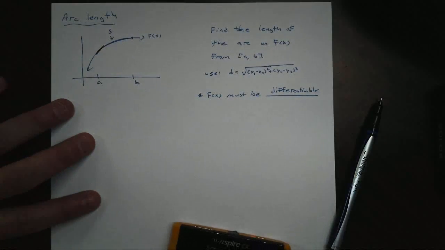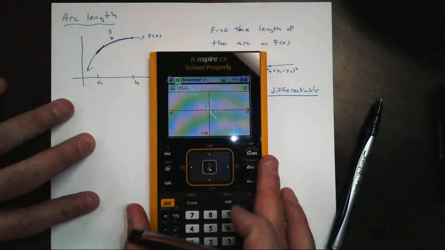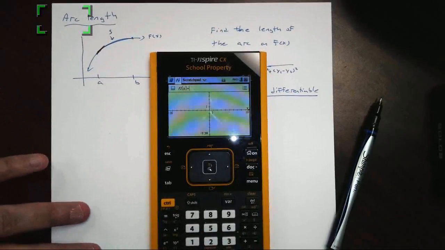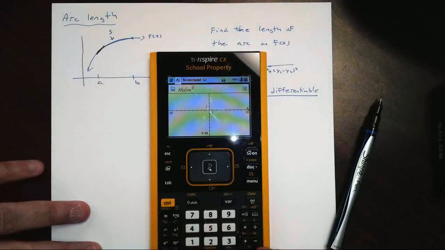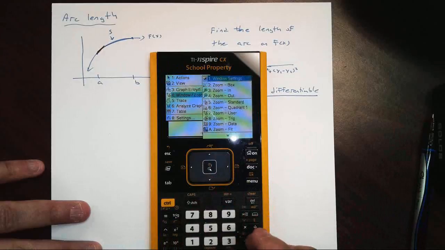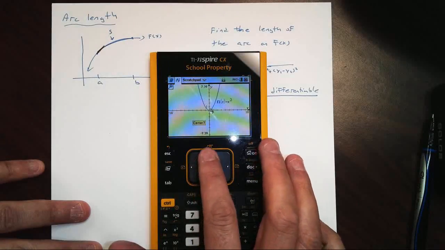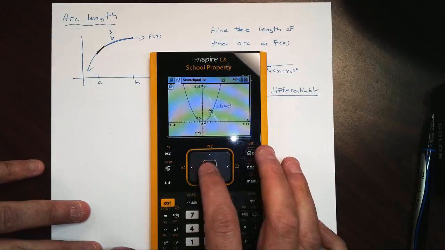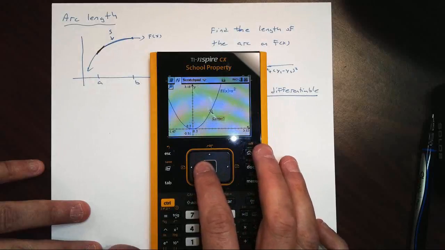And that's very easy to see if we graph a function. So for example, let's say we graph the function y equals x squared. Hit enter. If I zoom in enough times, let's take a look at what happens.